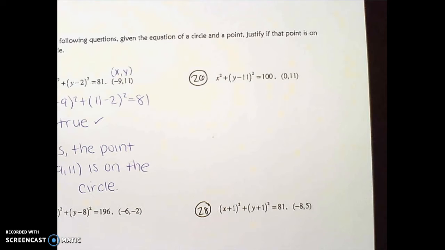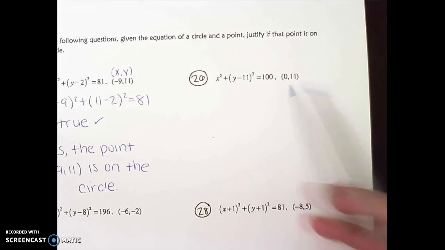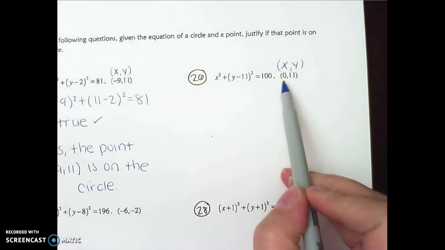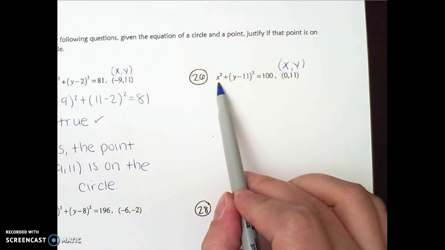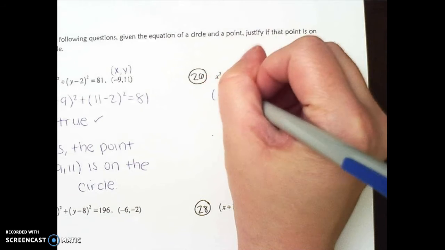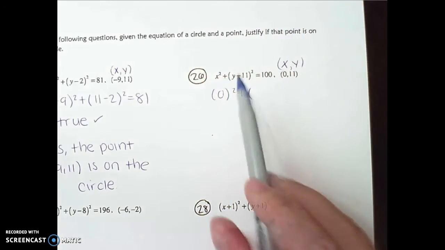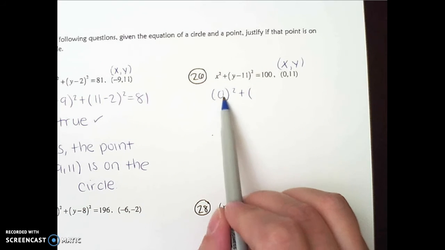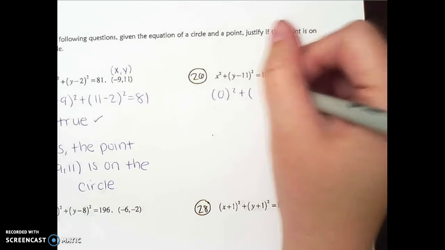Same idea. I have an equation here. I have a point. My point has an x and y value. So I'm going to substitute 0 in for x, and I'm going to substitute 11 in for y in my equation. And I always put, even if it's just one number that I'm substituting in, I still am going to put that in parentheses.